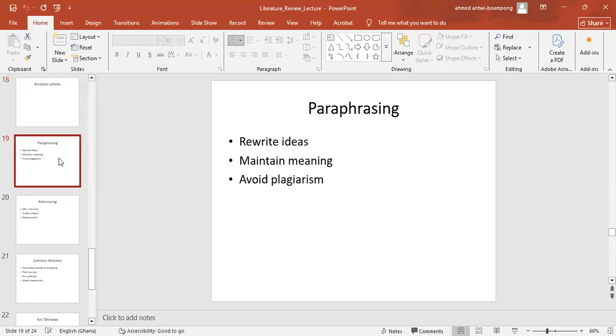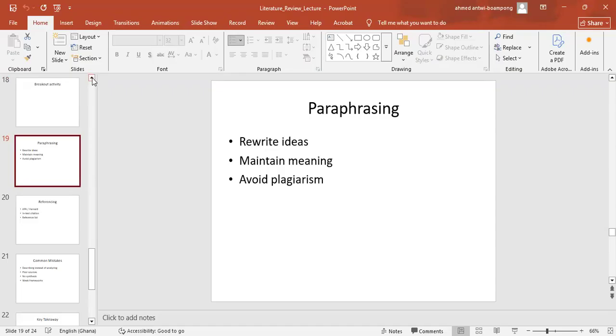Let's keep the breakout for now and then go to the next 3 or 4 slides where we can wrap up and continue. So basically, we have been talking about the literature review process and what goes into it.